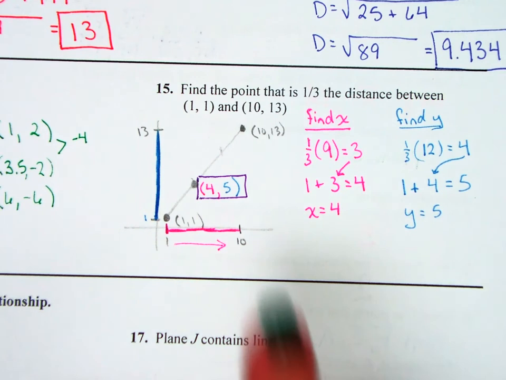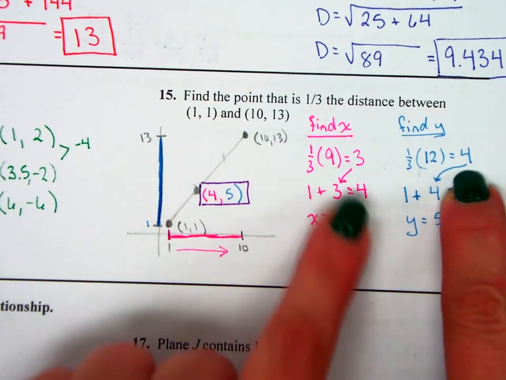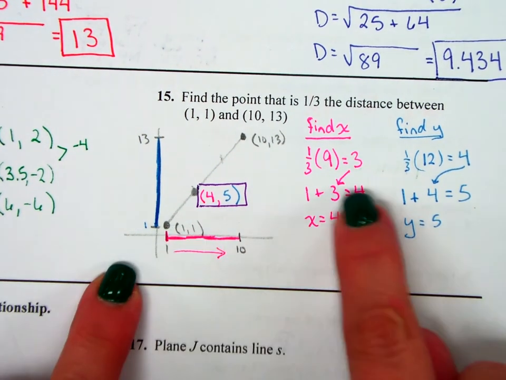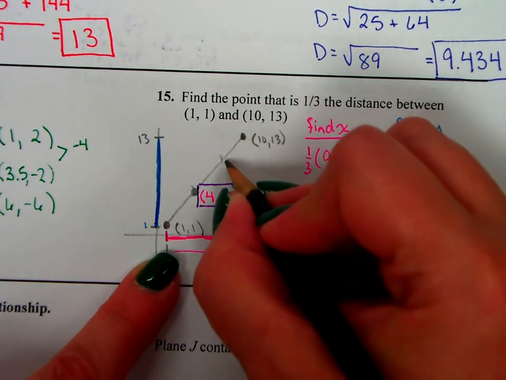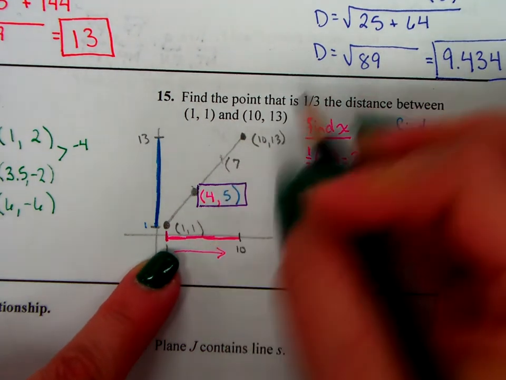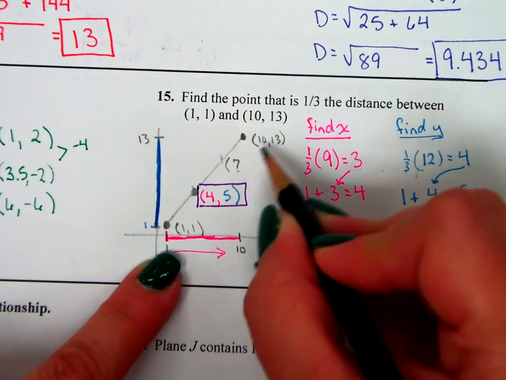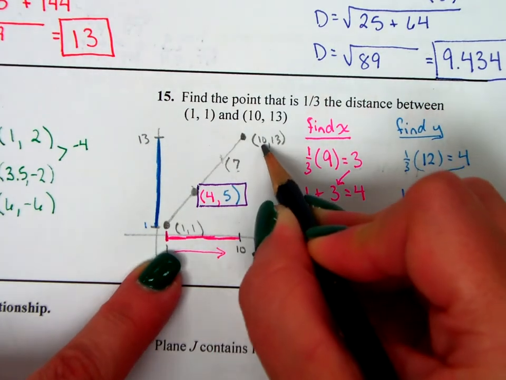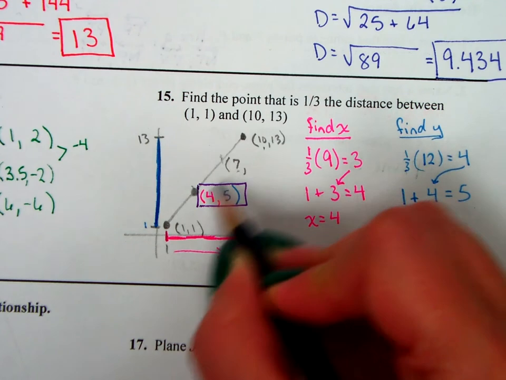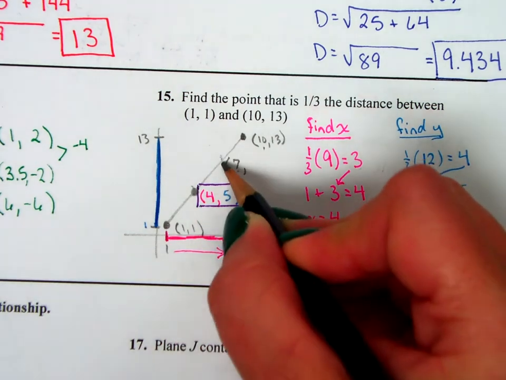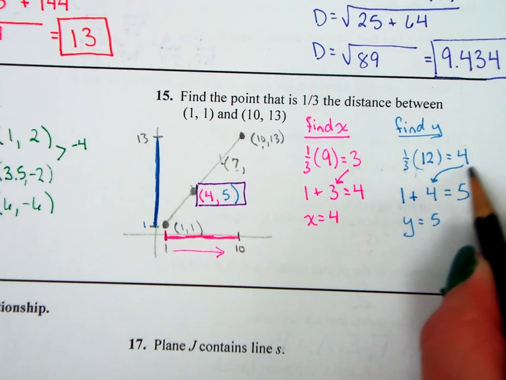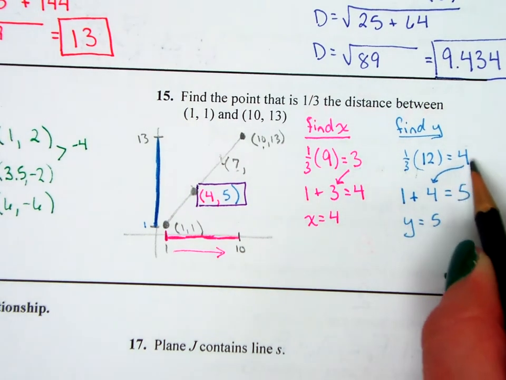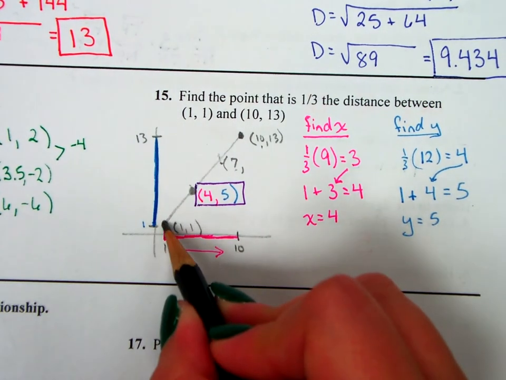What's kind of neat is I could find that other third by just increasing by the 3 and by the 4 again, right? I increased from 1, I added 3 to get to 4. If I add 3 more, 4, 5, 6, 7, and then 7, 8, 9, 10. That would give me my 2/3, right? If I wanted to find the y value there, each time I'm going to increase by 4.